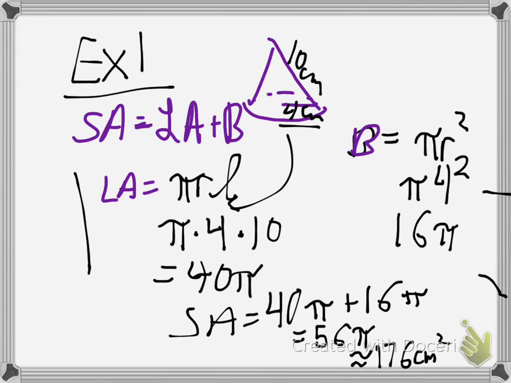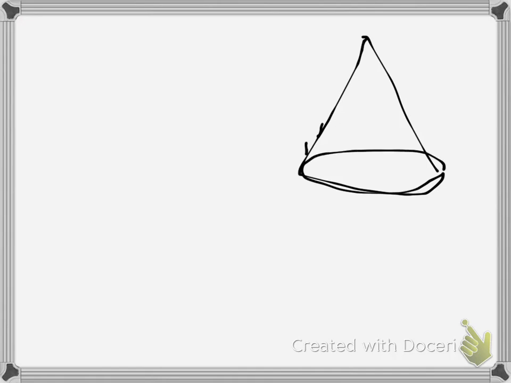All right, I'm going to have you do an example by yourself. You're going to find the surface area of a cone that has a slant height of 39 feet and a radius of 7 feet.